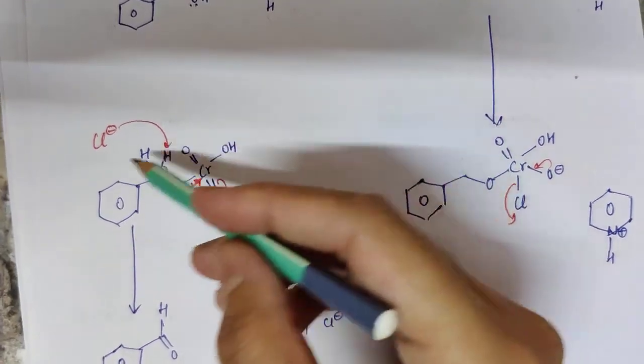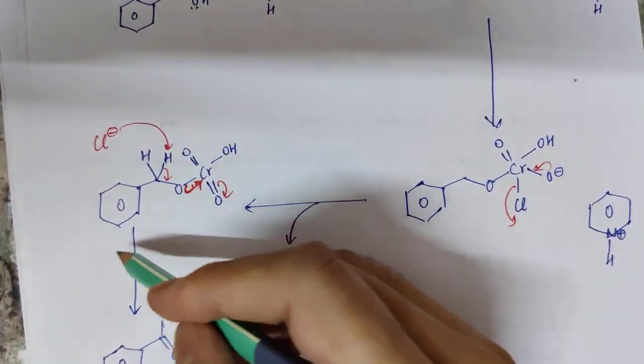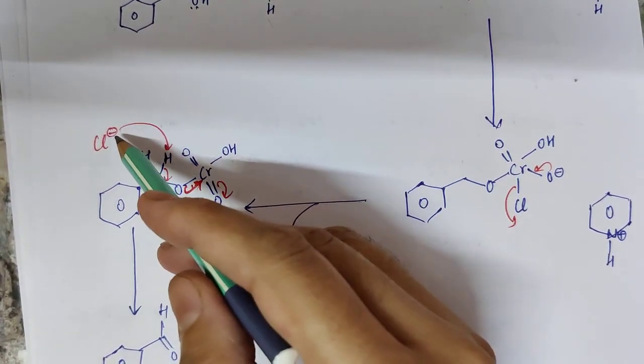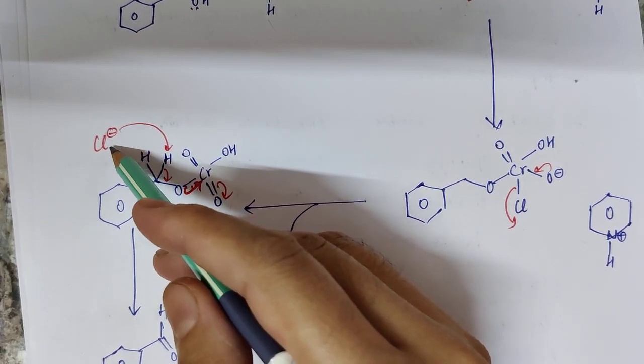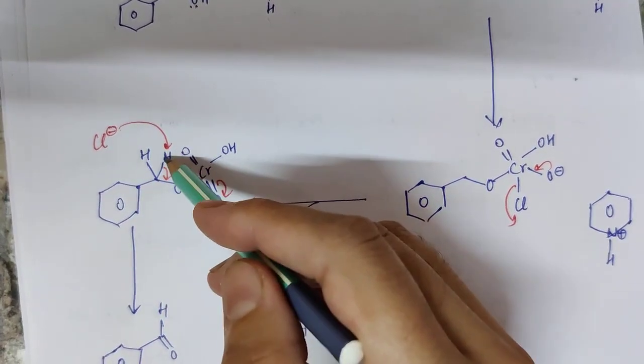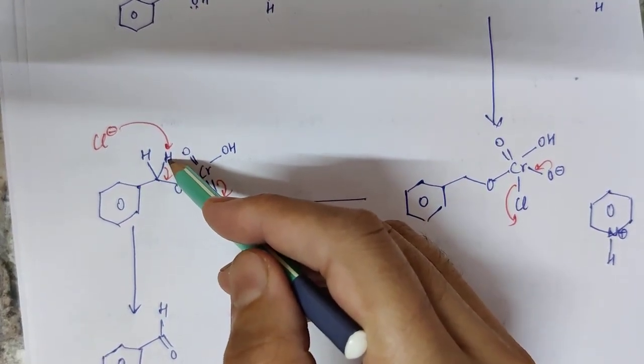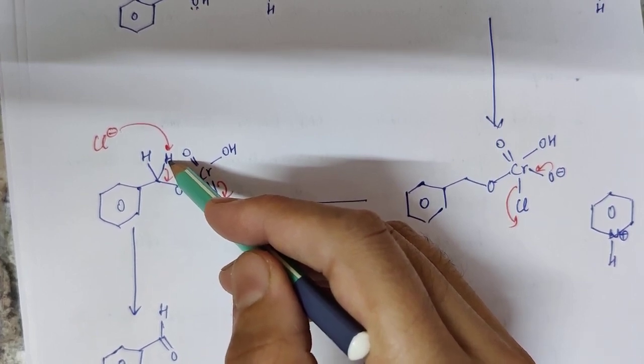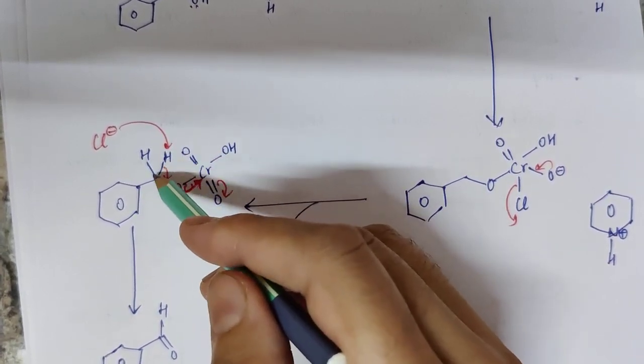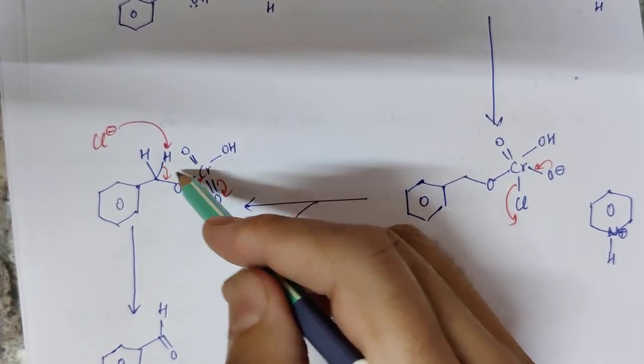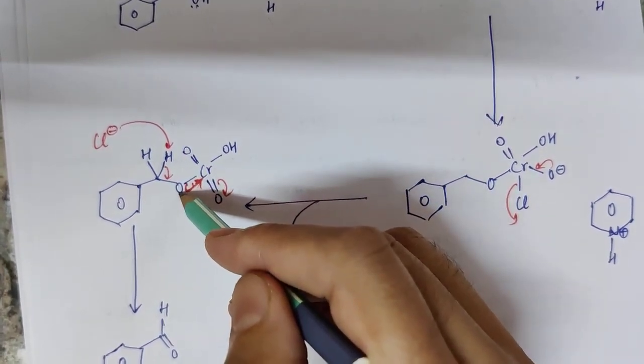Moving on, we have this substance with us. Chloride ion will attack one of these protons. These protons, or you can say the CH bond, is activated due to the presence of oxygen.